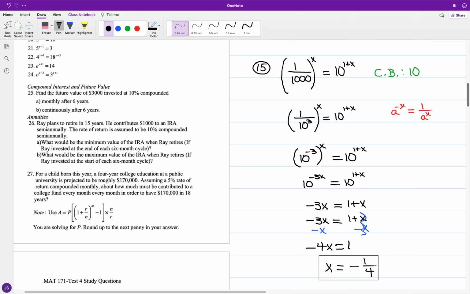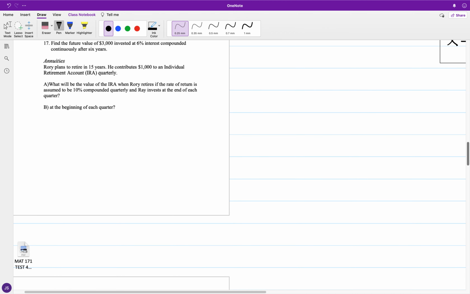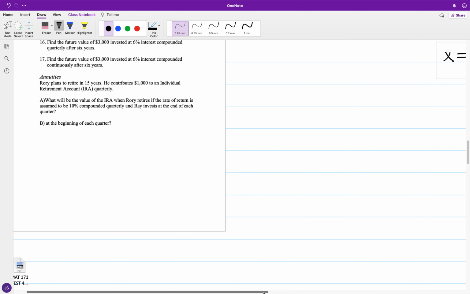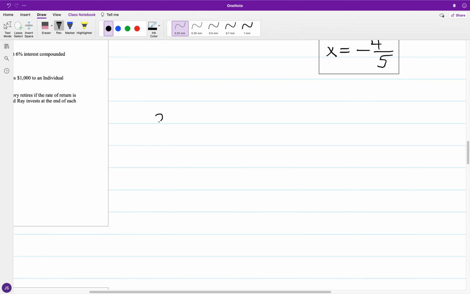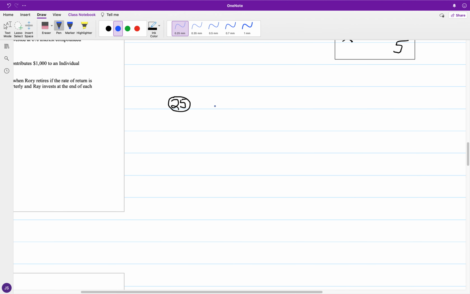And for the input information in the case of number 25, P is equal to $3,000.